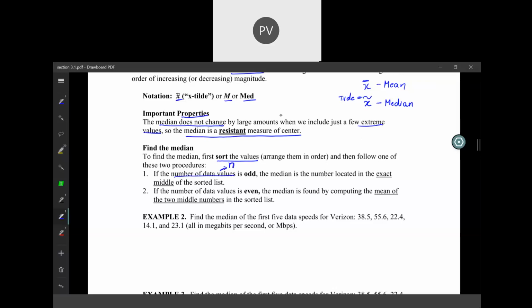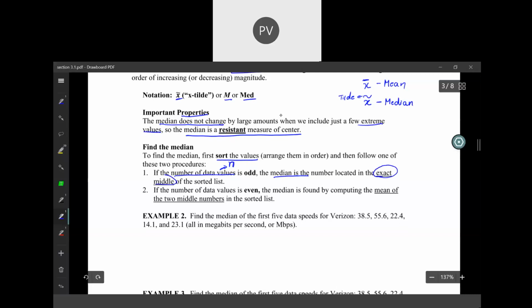If n is odd, then the median is the exact middle number of the list.